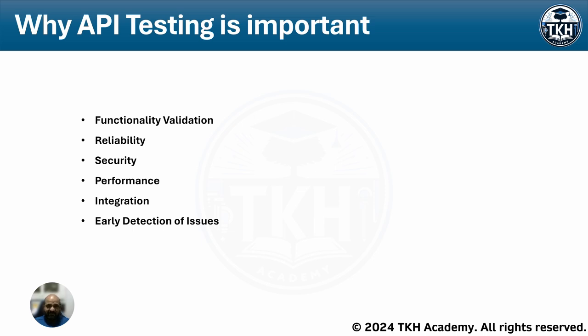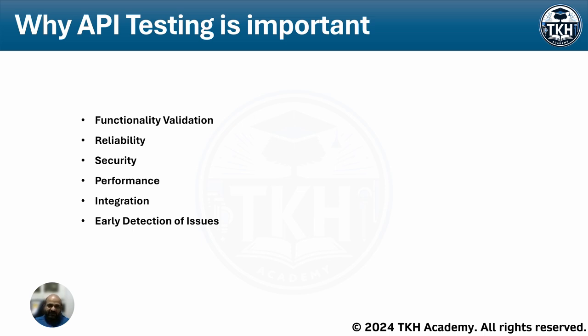Performance. If APIs are not performing well over a period of time and the number of users increases, things will become a problem, right? Your website response time will be slow. So if you can test it early, you will have happier users coming to your website, right? Integration, as we have already talked about.